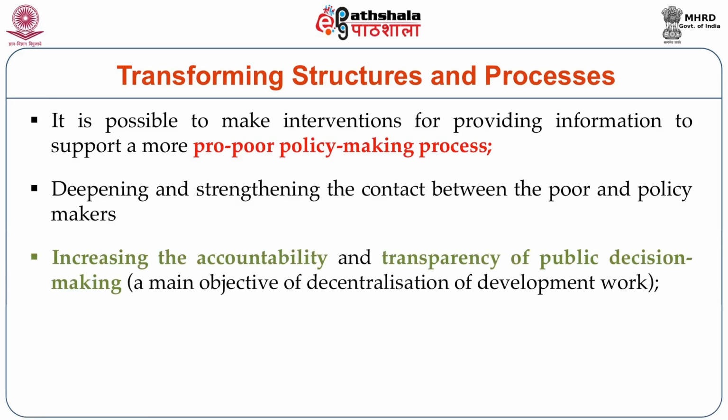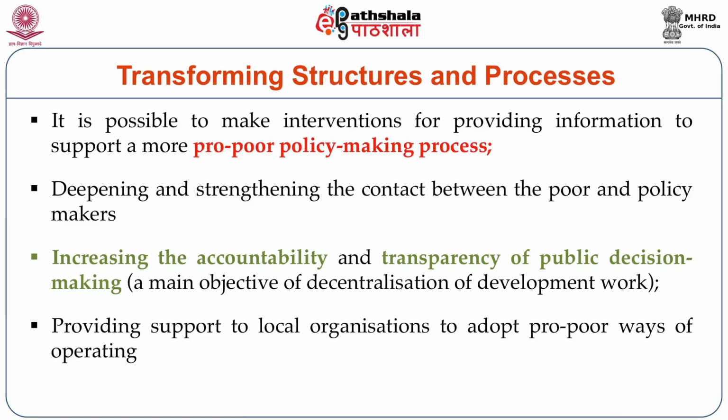Increasing the accountability and transparency of public decision making is a main objective of decentralization of development work per se. That could be another aspect that can be looked upon. Another thing that can be looked upon is by providing support to local organizations to adopt pro-poor ways of operating.